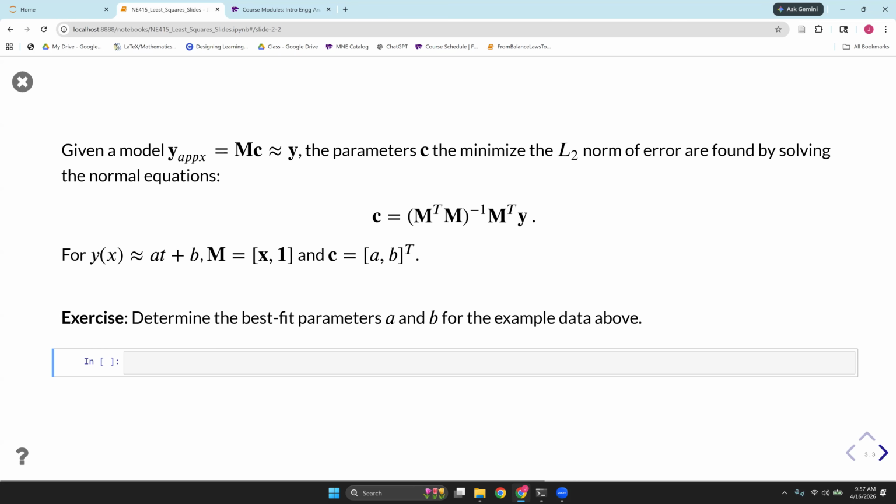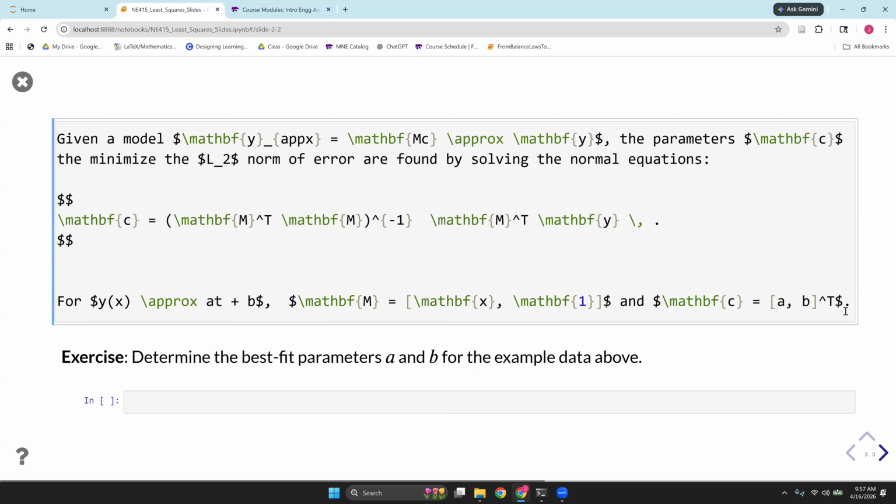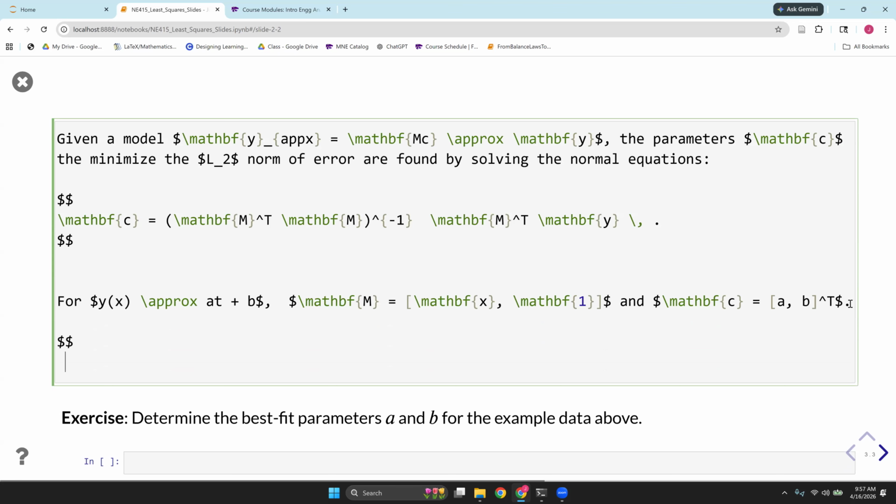Now, first of all, can you see why this equation is not solvable in general?